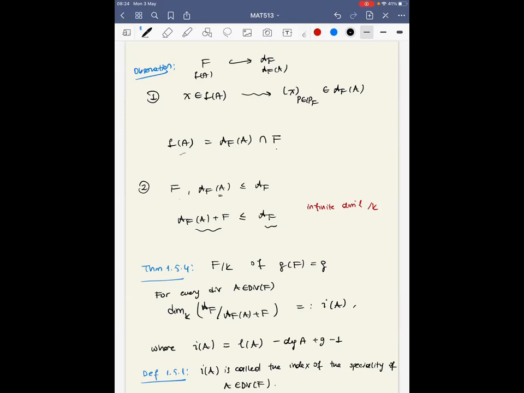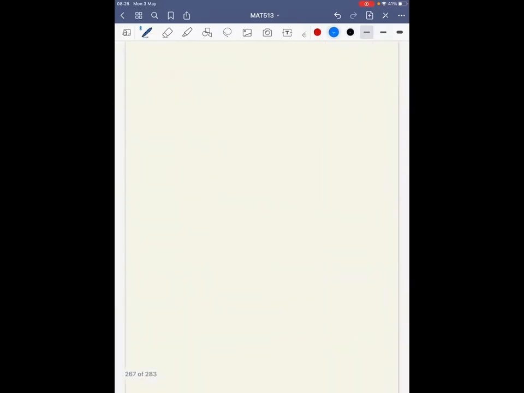And before giving its proof, let me elaborate a bit how we can restate this theorem, which can be related with the statement of the Riemann-Roch theorem.